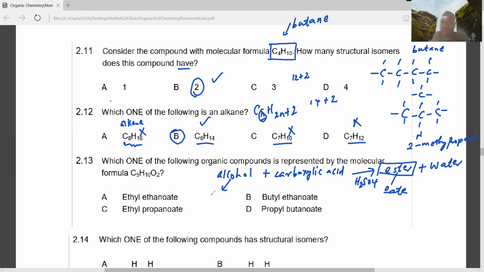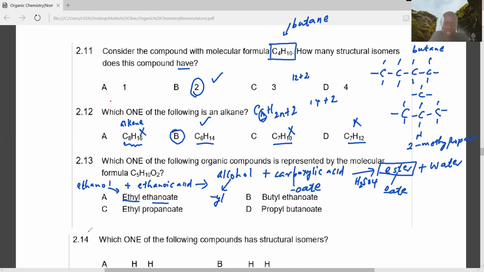The alcohol becomes an alkyl group, and the carboxylic acid becomes the "-oate" part, which means when we have ethyl ethanoate here, it shows that they've taken ethanol, because of this they combine with ethanoic acid, then to form ethyl ethanoate.